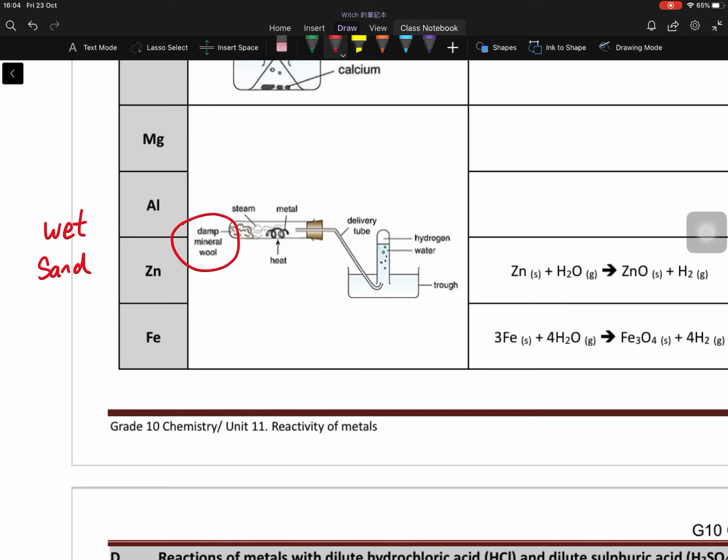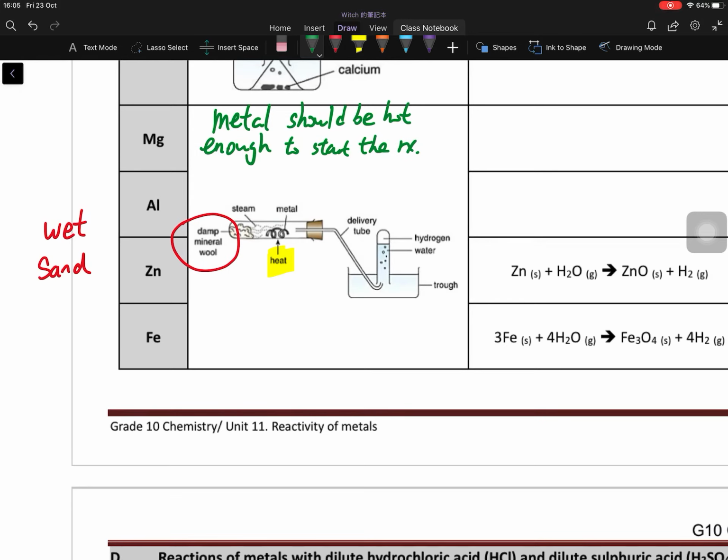Next, of course, we have the metal, no problem. But during the heating process, our focus will be this: the heating is under the metal instead of beneath the mineral wool, because the metal, let's write it down, should be hot enough to start the reaction.